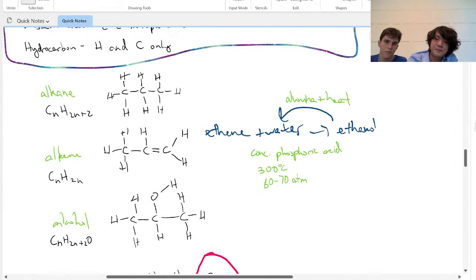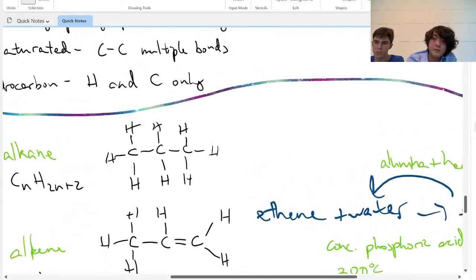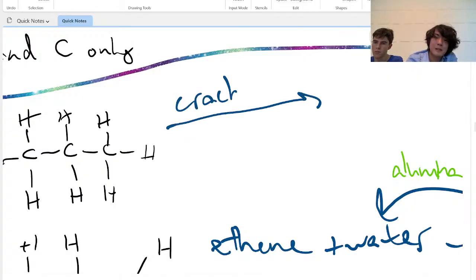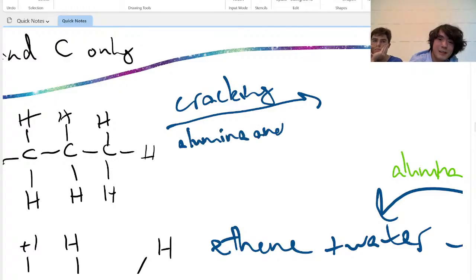For alkanes, you've got cracking. This is the other one where you actually need to know the reagents. Cracking is just alumina or aluminium oxide and 600 degrees Celsius. Alumina and silica.